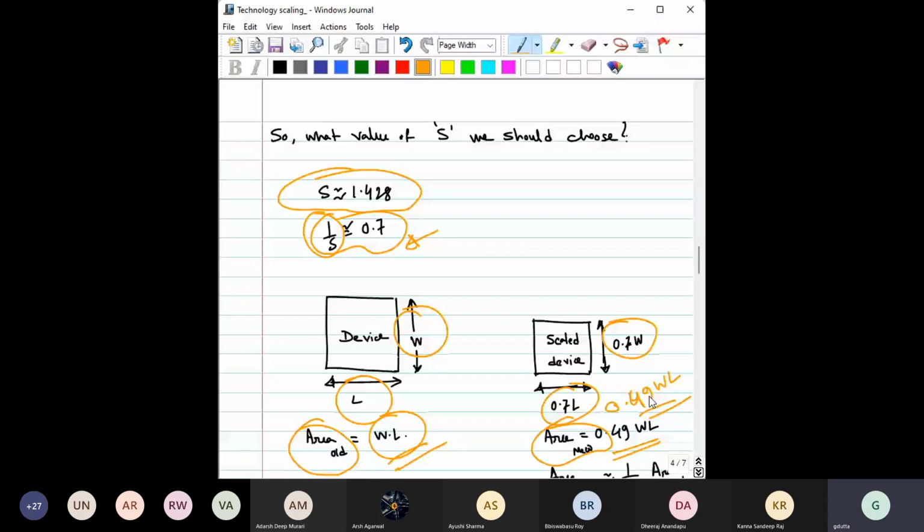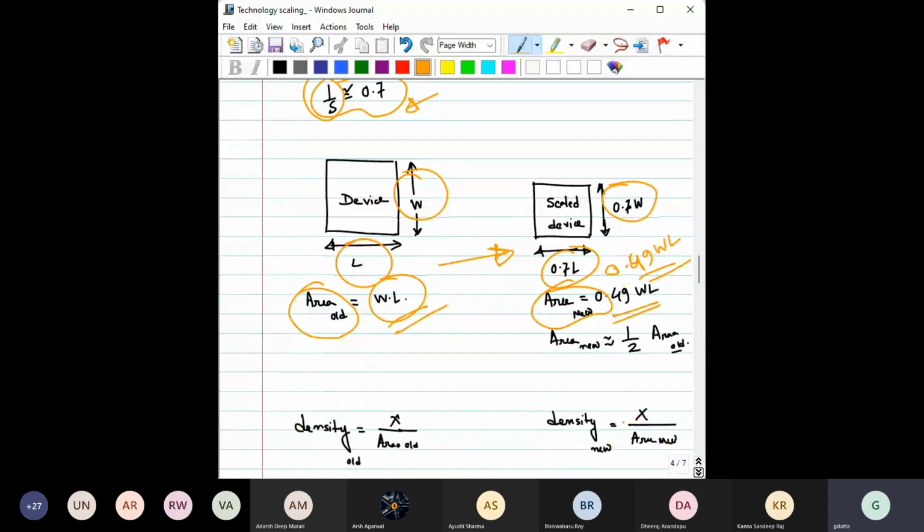Are you getting some relation with Moore's law, the famous Moore's law? You know Moore's law? No? Okay, maybe I will show another diagram on Moore's law. If you're not getting it, fine, but one definite relation is that if you choose the scaling 1/s to be equal to 0.7, then the area becomes half.